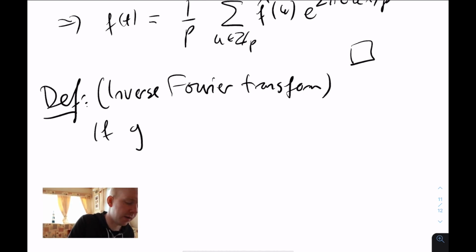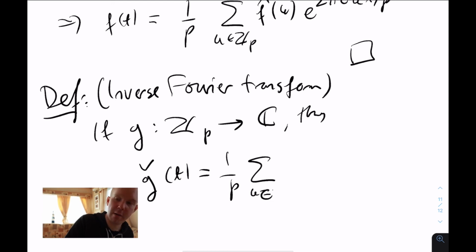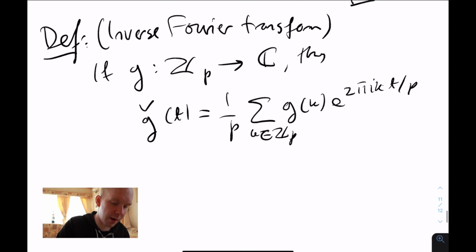If g is a function from Z_p to C, then we define the inverse Fourier transform at the point, let's say t, to be 1 over p times the sum over k in Z_p of g of k times e to the power 2 pi i k t over p. And this is defined for every t in Z_p.